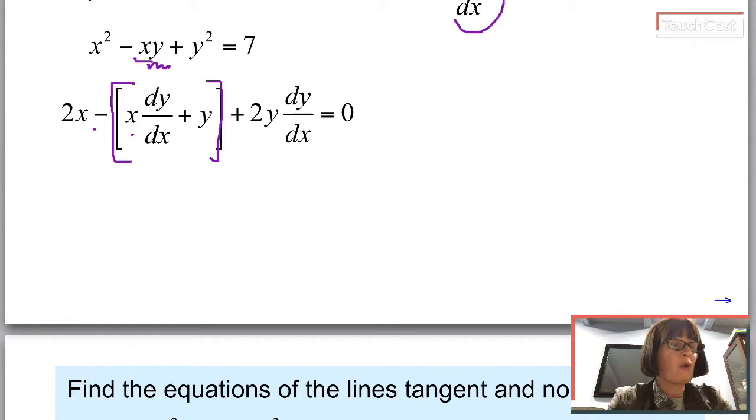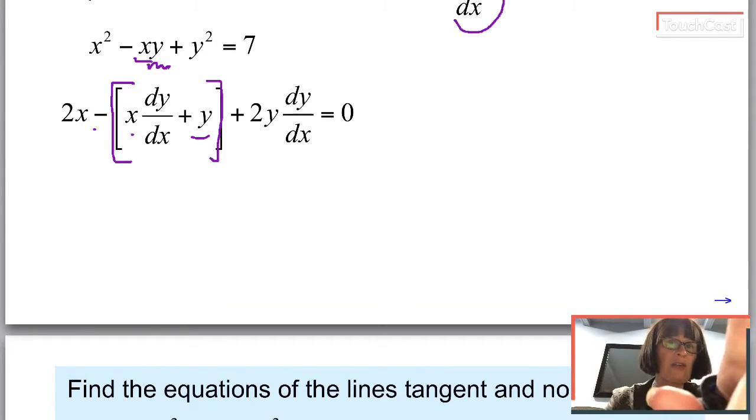The derivative of y with respect to y is 1 times, I'm going to have to multiply by that missing piece of the chain rule, the dy/dx. And then the second part of the product rule, so plus the second times the derivative of the first. Well, the second is y. The derivative of the first, the derivative of x with respect to x, is 1. So that's what I have here in the middle: x dy/dx plus y.